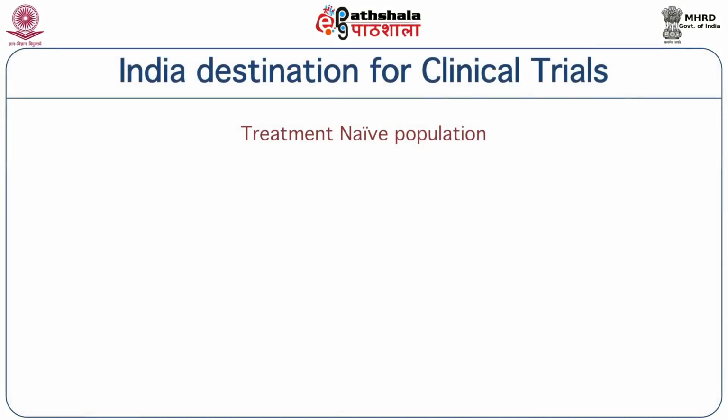One of the important reasons is the treatment naive population that's available. There is a lot of population who are not drug induced. So there is that diversity in terms of caste, class, ethnicity, gender.